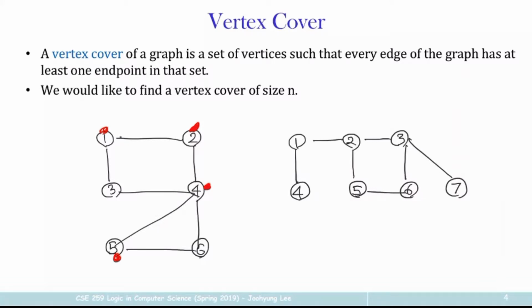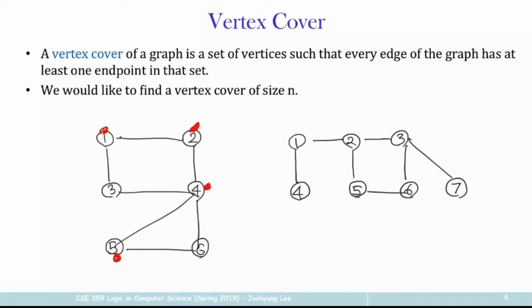Every edge is covered by one of these vertices. So that's too easy. But if the set is too small, then some edges may not be covered. So you have to find the minimal number of vertices such that this set covers all the edges. So the question here for the left one, what is the minimum size of the vertex cover?